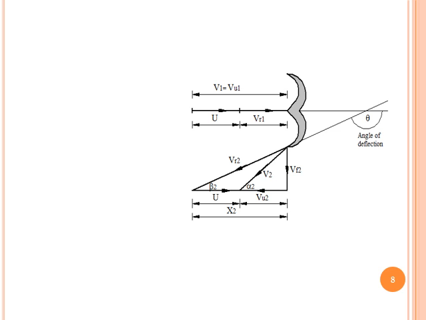So here V1 is equals to VU1 and x2 is equals to summation of u and VU2. It is a blade velocity as well as tangential velocity at exit. So now bucket velocity is calculated by using the relation, that is the speed ratio. The bucket velocity is equals to speed ratio into square root of 2gh.